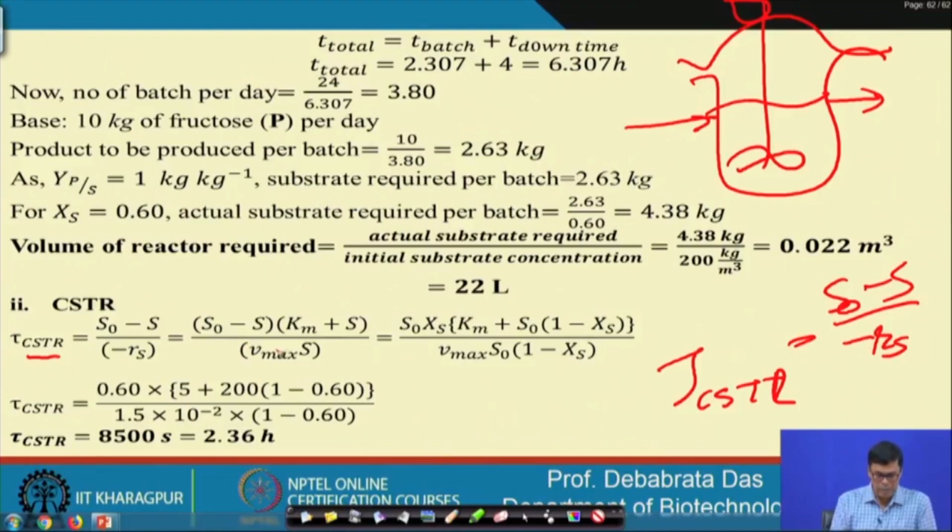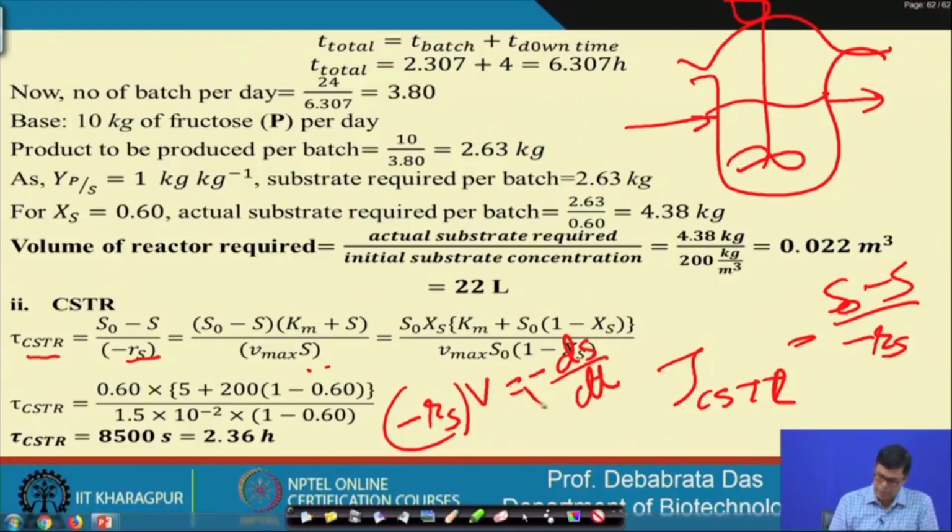Now this can be simplified in this form. If RS is the velocity of reaction, you put this value, you will get this equation. I can elaborate a little bit here from the material balance. You see, I have shown, this is equal to V equal to minus dS by dt into V. Am I right?